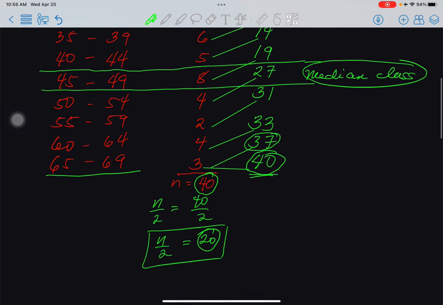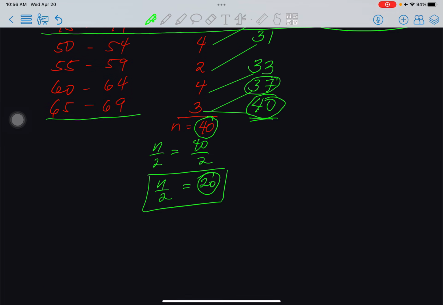Now let us compute our median. Our median is denoted by MD, equal to the exact lower limit of your median class plus n over 2 minus CF, all over the frequency of your median class, multiplied by our class interval.